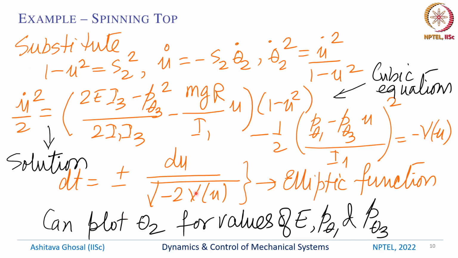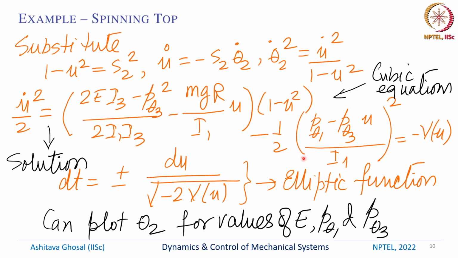So we get this expression, dt is equal to plus minus du divided by square root of minus 2 vu. So what have we done? We have obtained du by dt as some expression involving vu, which is a cubic function of u.